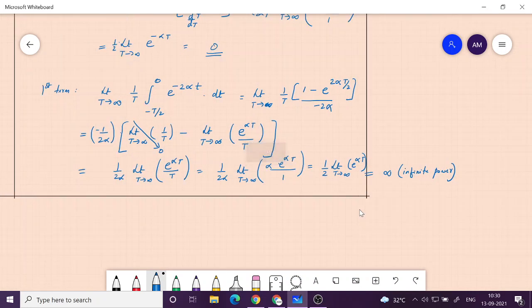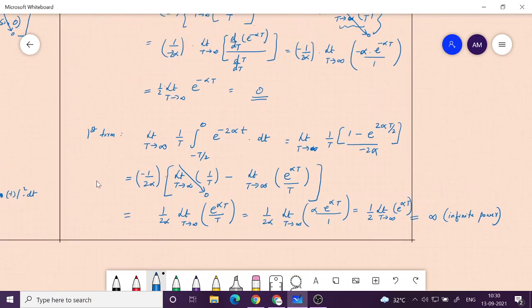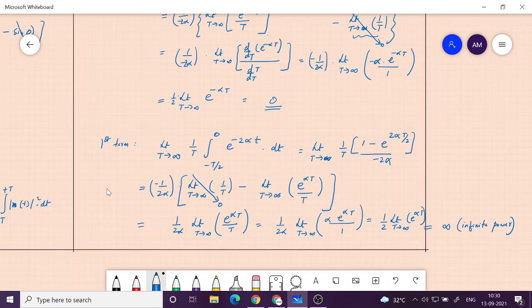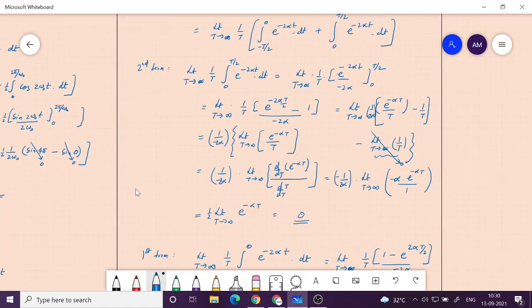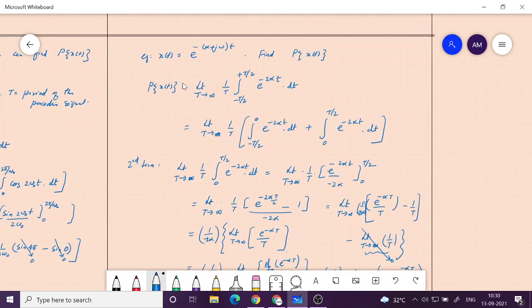Earlier I said evaluate the energy. If the energy is not converging, in certain cases the power will converge, so you will have power per unit time. But now for this signal, the power also is not finite. Therefore it is neither energy signal nor power signal. So our question was find the power, but power is infinite.